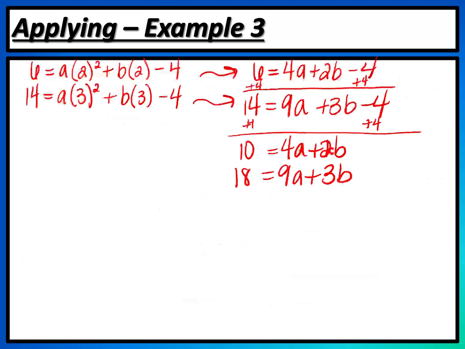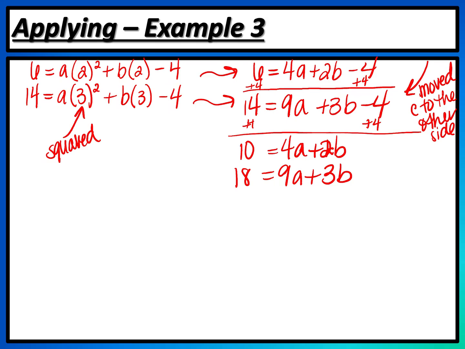Okay, and now over here, we did some simplifying. So we squared those. And then we moved c to the other side. Okay, and that's how we ended up with these 2 equations. And we now want to do substitution or elimination on them. And we want to solve for a and b.